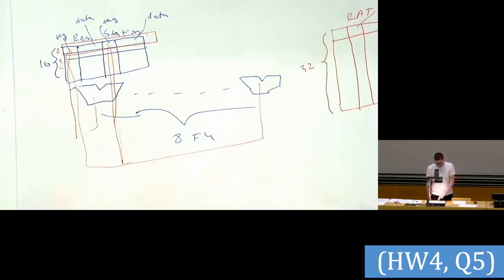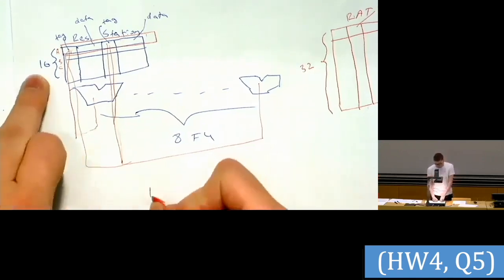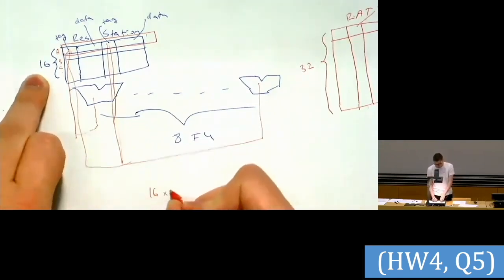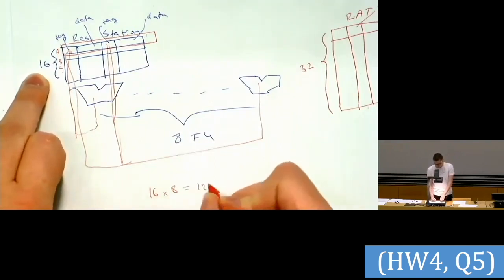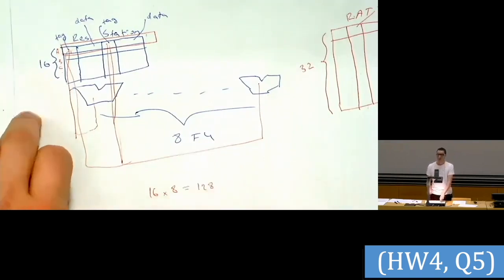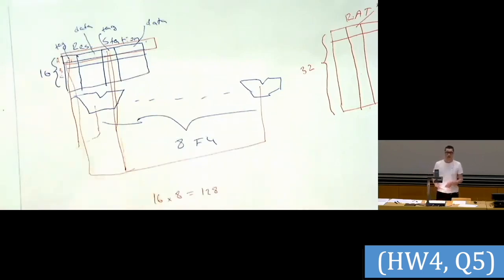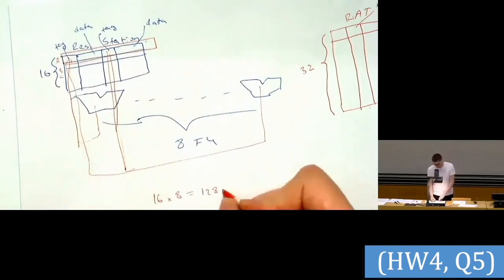So there are 16 entries in a single reservation station, and we have 8 reservation stations in total, which makes 128. This is the address space that we should be able to address, and basically this is equal to 2 to the 7th.